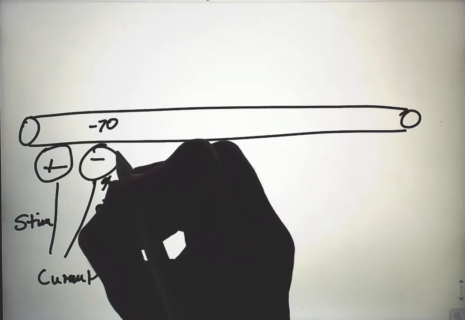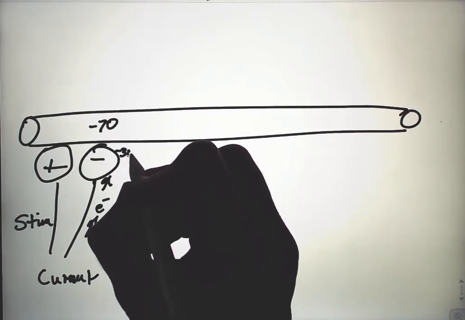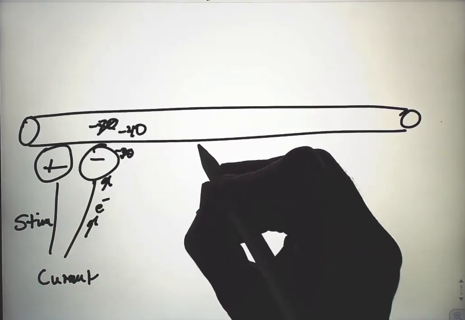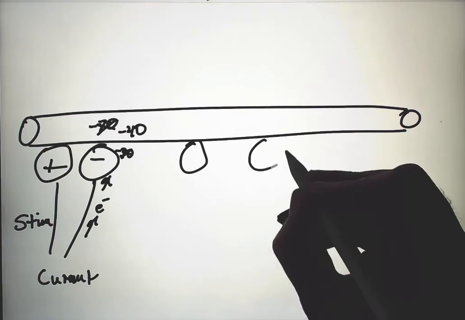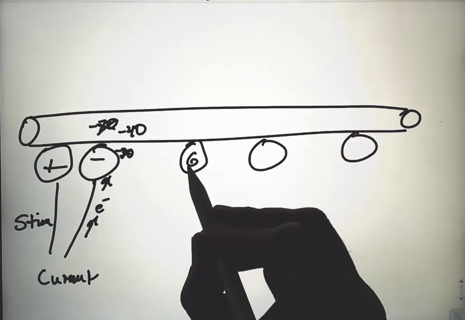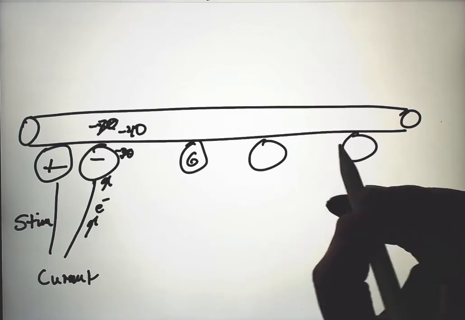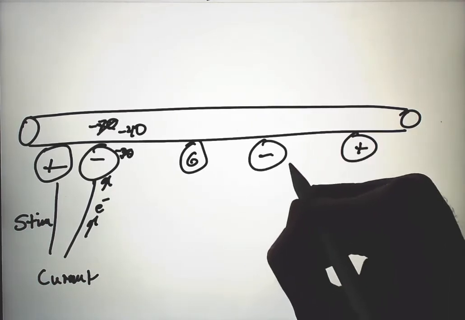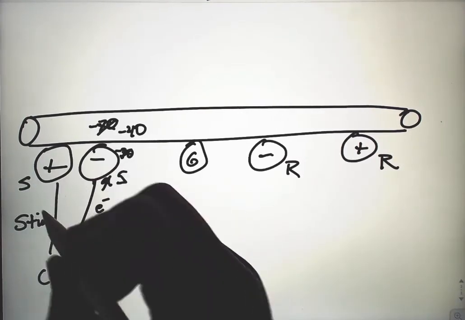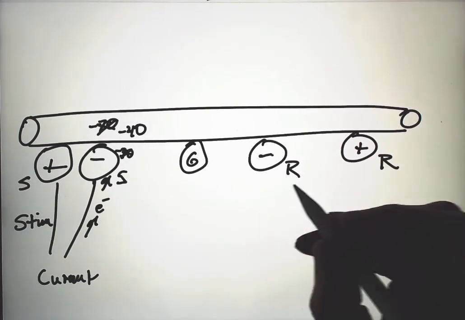If we were at minus 70 and we add electrons, say, that get us to the equivalent of minus 30, those cancel out and we're at minus 40. But our recording electrodes are spread out with the axon laying on top of it. So if this is a ground, because we're always measuring difference between two electrodes, here's a negative and a positive recording. These are stimulating. So we're adding a charge here, we're just recording what happens.